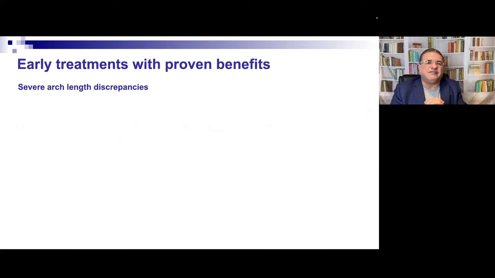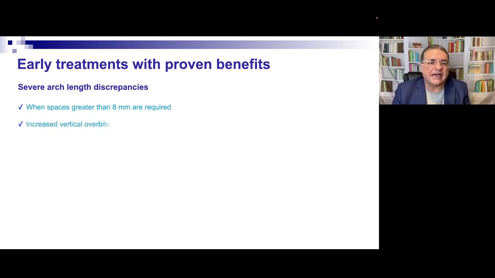Another proven benefit of the early treatment, not just in class 3 patients, is that we can correct a lot of arch length discrepancies. We can even gain more than 8 millimeters. Again, because of the cellular activity, we increase the vertical overbite.